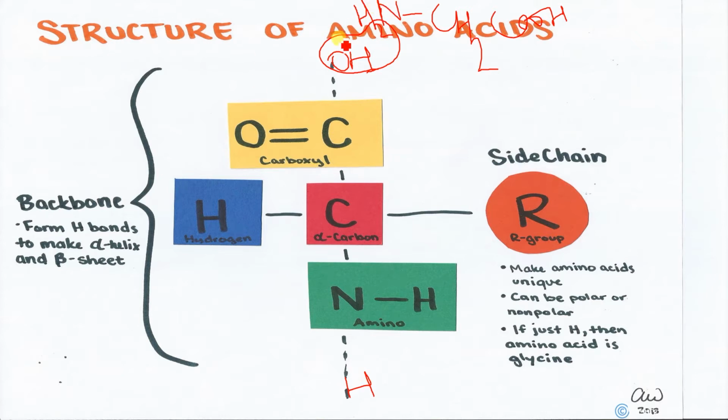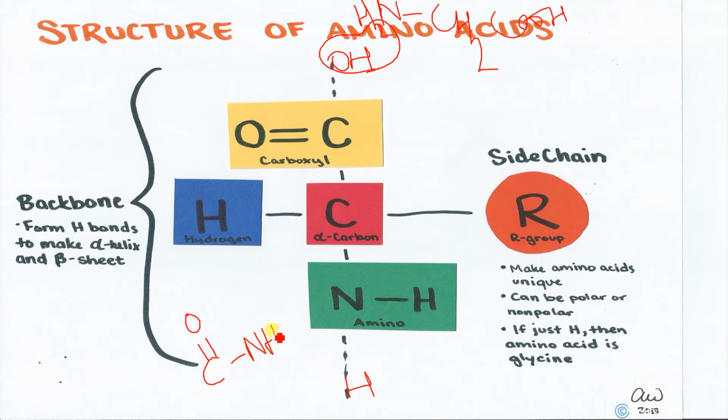What I'm saying? H2O will come out. In the same way from here also, COOH will be there. So H of this and OH of acid will come out as water, and it will also form C double bond O and H. So C double bond O and N H is called amide. This is called amide, and so many amide bonds will be there in the protein because it is a long chain of amino acids, isn't it?